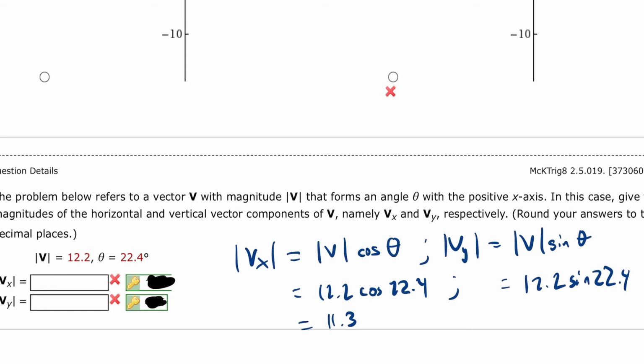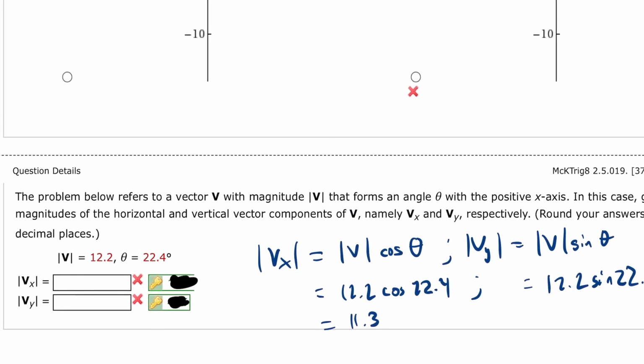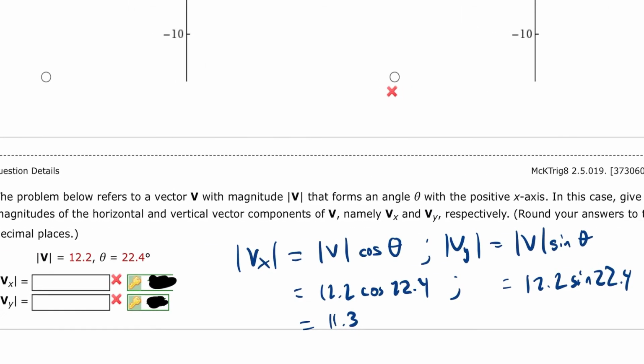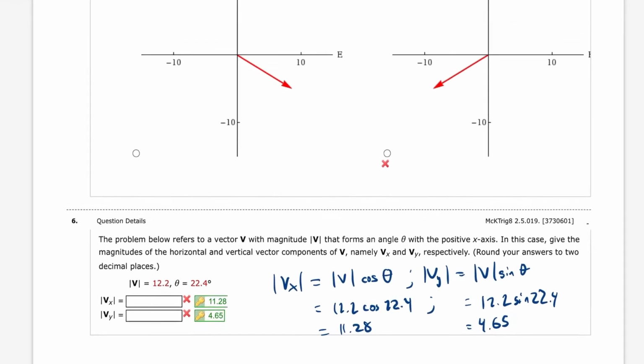And for the next one, they want two decimal places, so that would be 11.28, I should say. 11.28. And the other one would be 12.2 sine 22.4, which is 4.65. There it is. All right, let's move on to the next example.